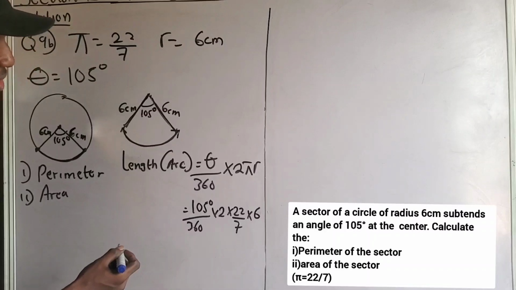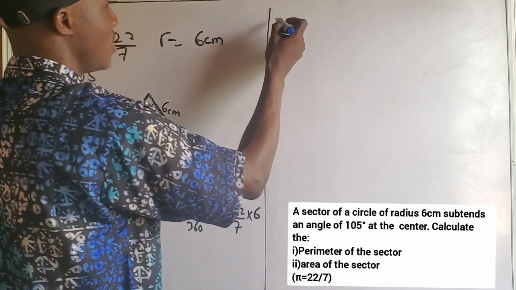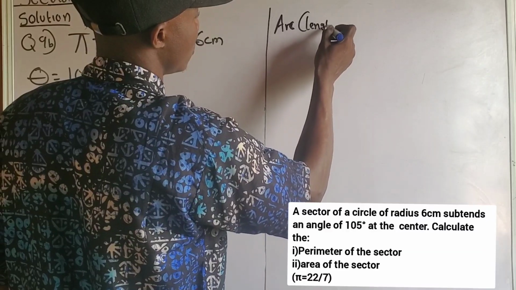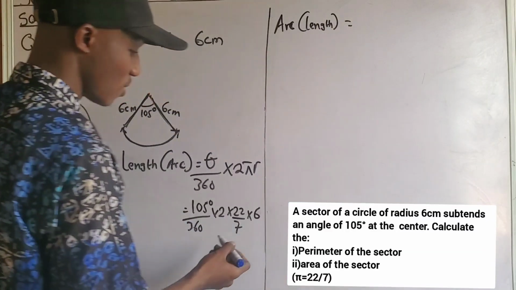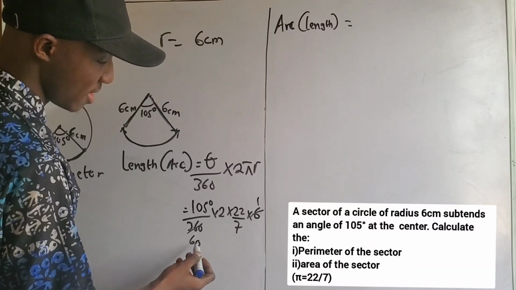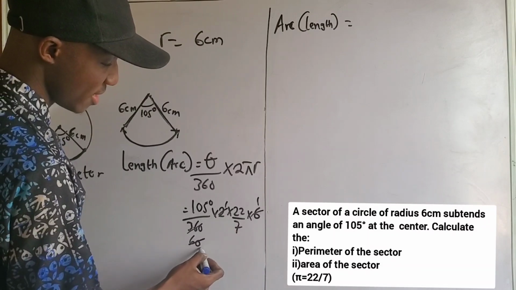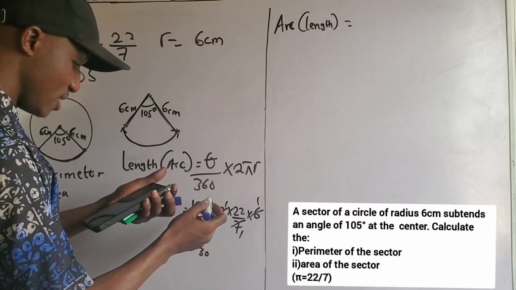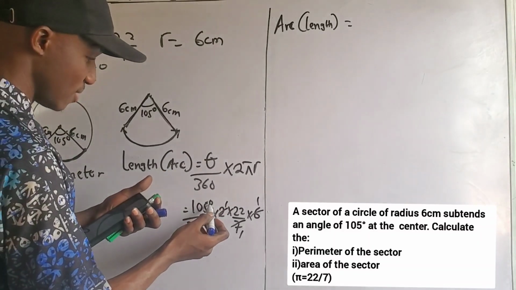So for this now, the length of the arc is equal to, now let's cut. Here I'm going to have 1, I'm going to have 6, so I'm going to have 60 here. 2 here 1, 2 here 30, 7 here 1, 105 divided by 7 is 15.